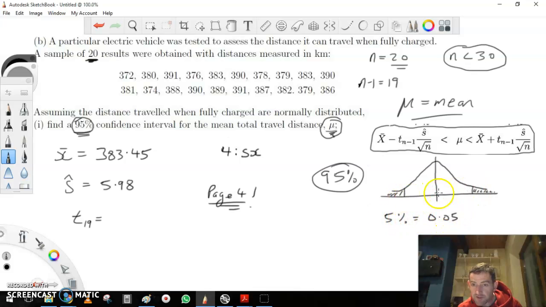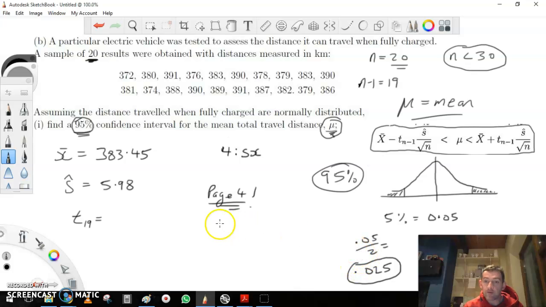Now if both these sides add up to 5%, one side is going to be 0.05 divided by 2, which gives us 0.025.